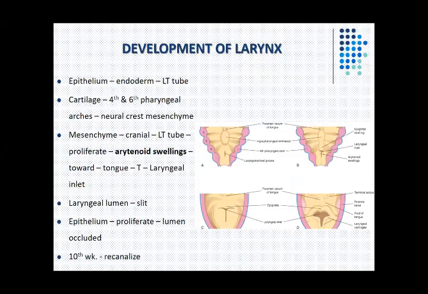अच्छा, now larynx की डेवलपमेंट कर लेते हैं. एंडोडर्म तो आपको बताया सारी GIT की भी and respiratory system की भी. The endoderm of the GIT and respiratory system develops into epithelium and glands. ये एक बेसिक कॉन्सेप्ट है, आपको पता है, ठीक है.